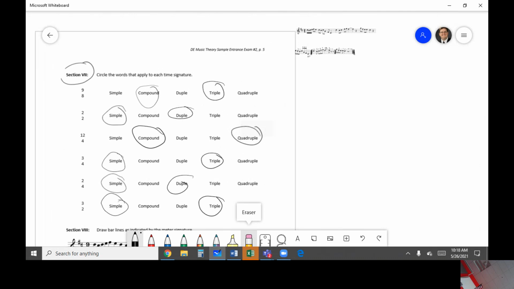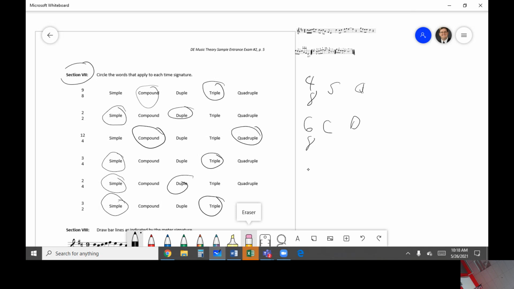Let's try 4-8. Is it simple or compound? Simple. Duple, triple, or quadruple? Quadruple. Let's try 6-8. Simple or compound? Compound. Duple, triple, quadruple? Duple.